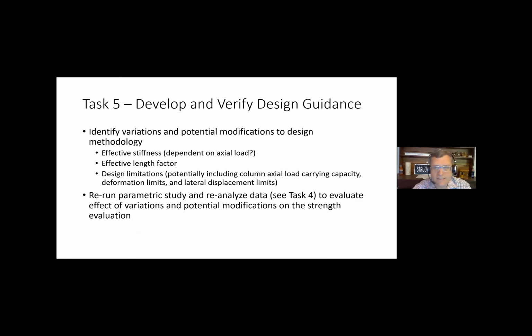And then from that, develop and verify design guidance. Any potential modifications to design based on effective stiffness, does this depend on axial load, effective length factors, and then design limitations for lateral displacements or deformation limits, and then loop back to task 4 and based on those guidelines, rerun the parametric studies and reanalyze the data.